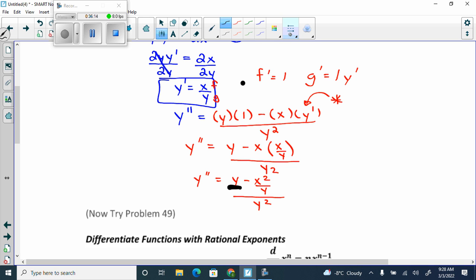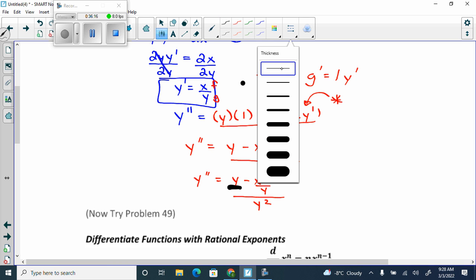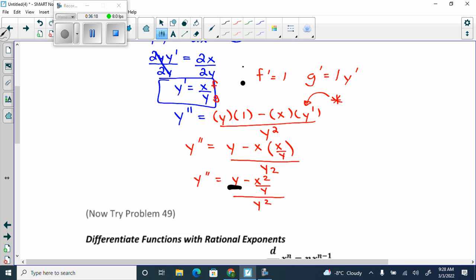So we're going to get y squared minus x squared over y. Oh my goodness, I have a fraction in my numerator. What happens when I have a fraction in my numerator or a fraction in my denominator? I immediately write them out side by side, which we did in our proofs, correct?